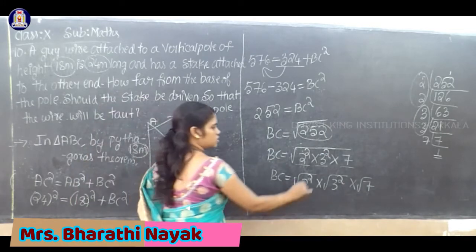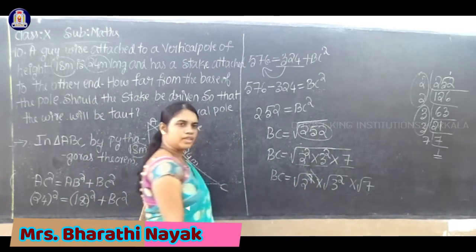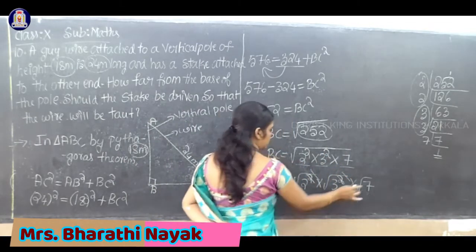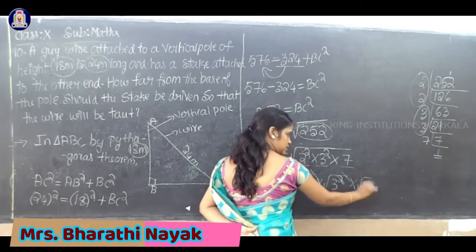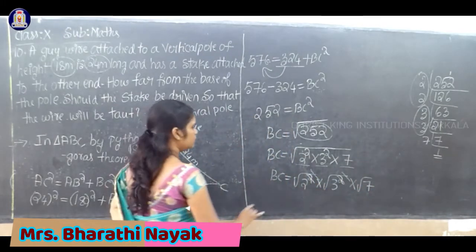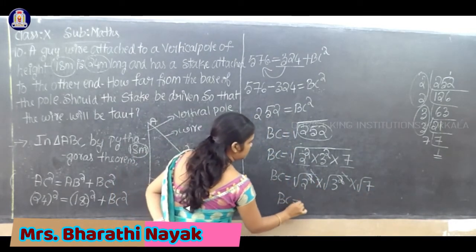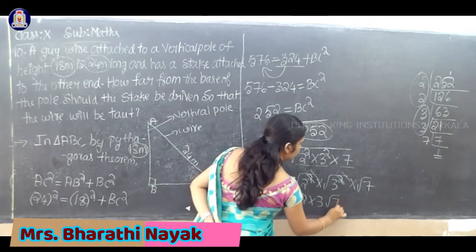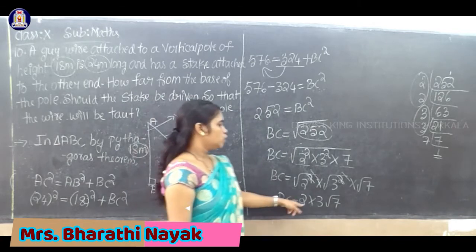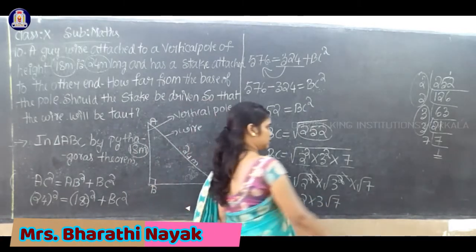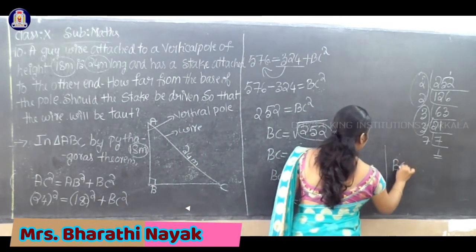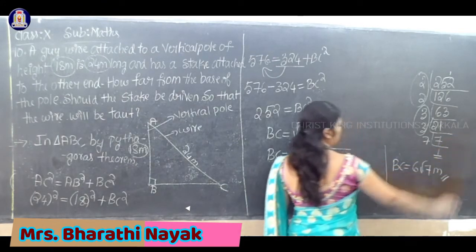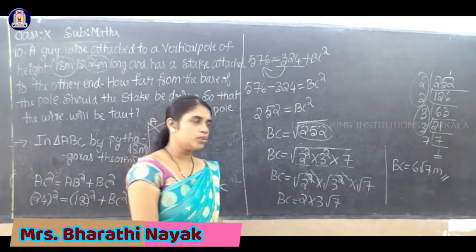So the square root cancels with the square; here we cannot cancel, so write the square root of 7 as it is. So BC equals 2 into 3 into root 7. 2 threes are how much? 6. So BC is equal to 6 into root 7 meter.